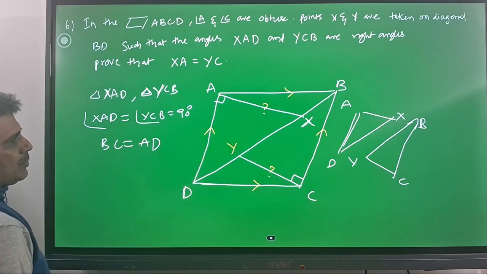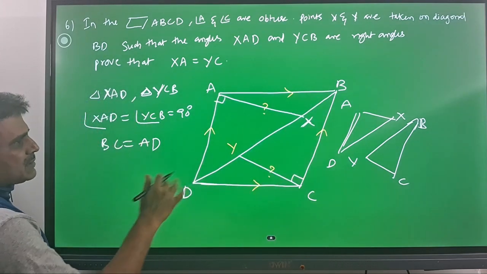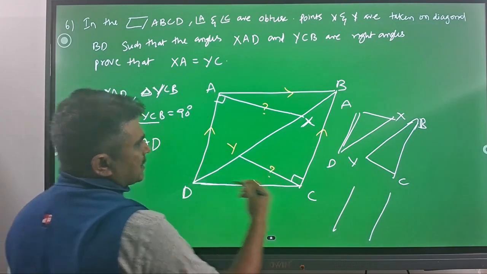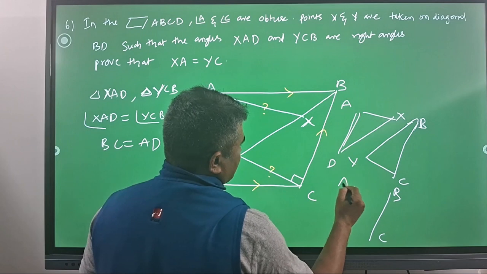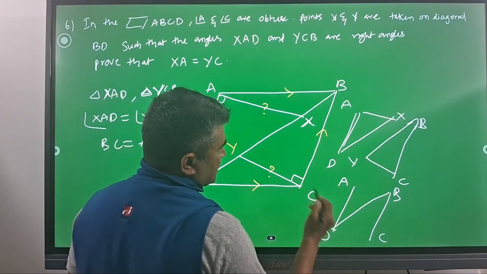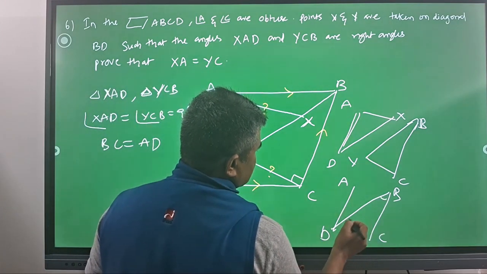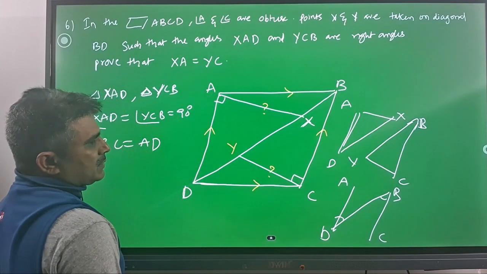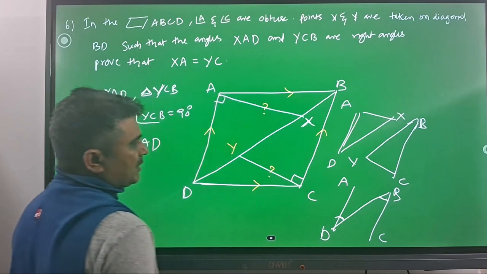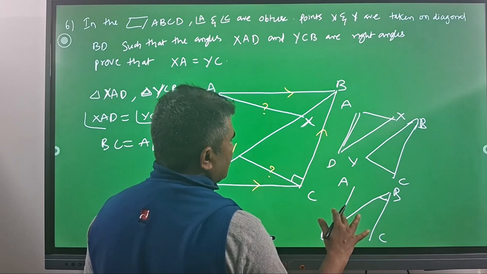In a parallelogram, BC is parallel to AD, like this. If we consider BD as a transversal for those parallel lines, then the alternate angles will be equal. So angle ADB and angle CBD will be equal.